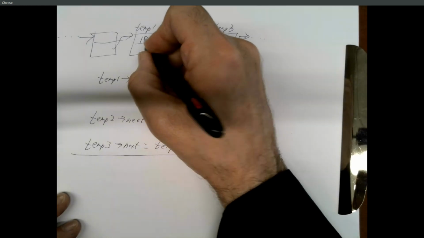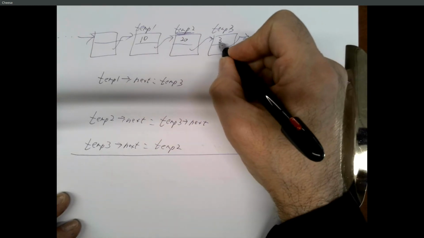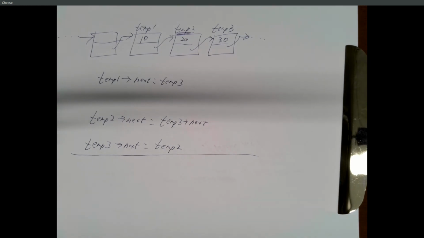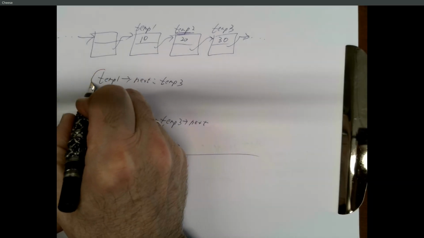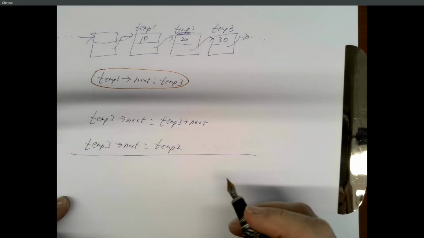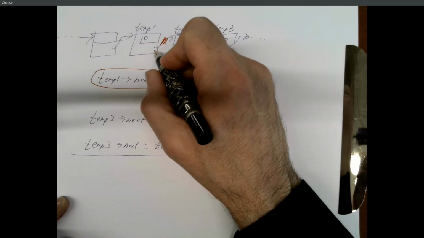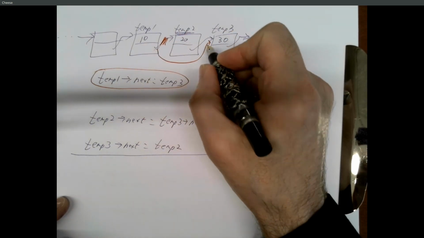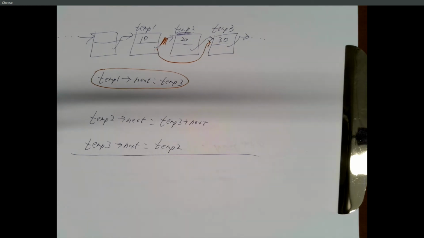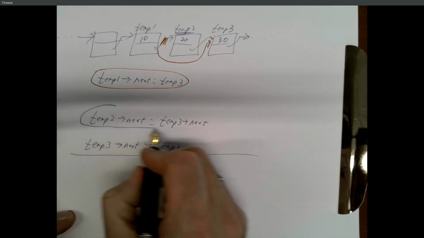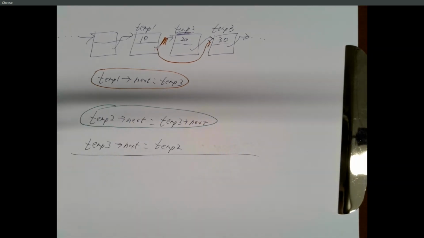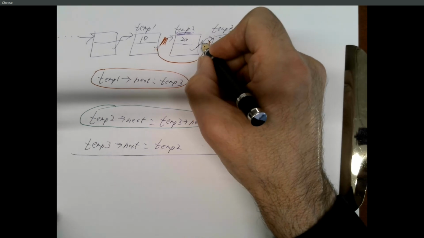So let's throw some numbers in here. And let's see what happens as we do these things. Temp1 next equals temp3. Okay, this arrow is going away. Temp1 is pointing to temp3. Temp2 next equals temp3 next. Temp2 next is this arrow right here.